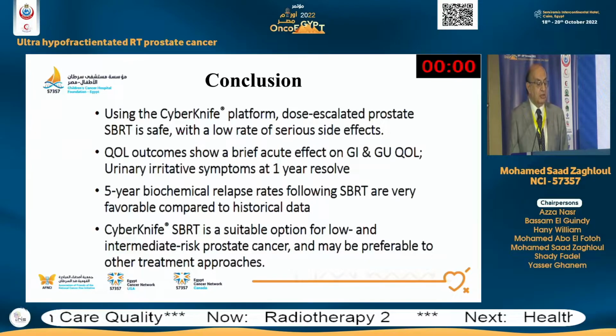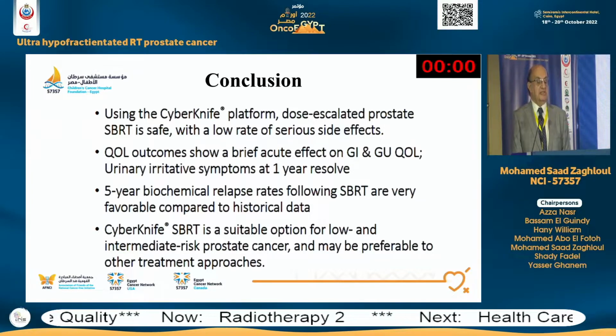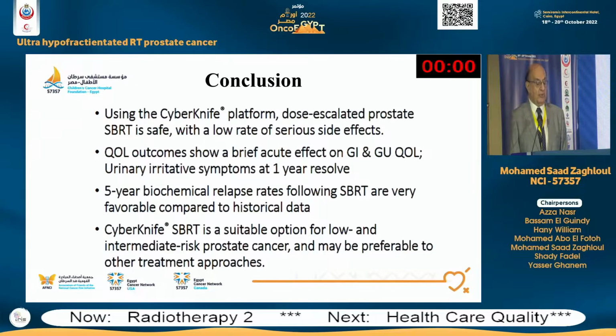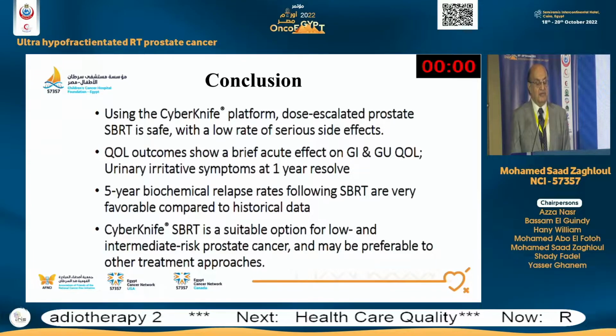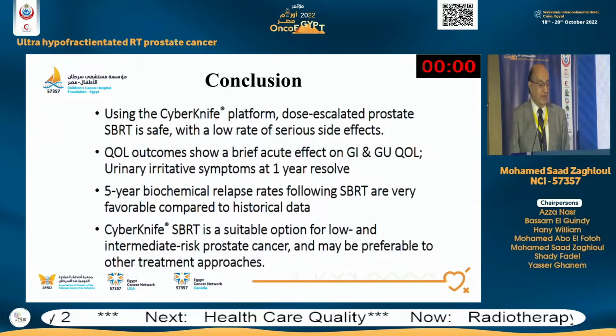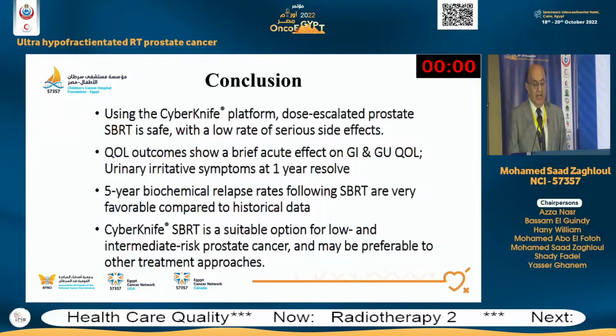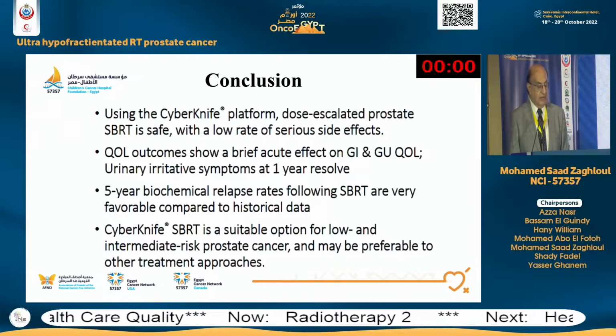So in conclusion, using the CyberKnife, dose-escalated prostate SBRT is safe with a low rate of serious side effects. Quality of life outcomes show a brief acute effect on the GI and GU quality of life.